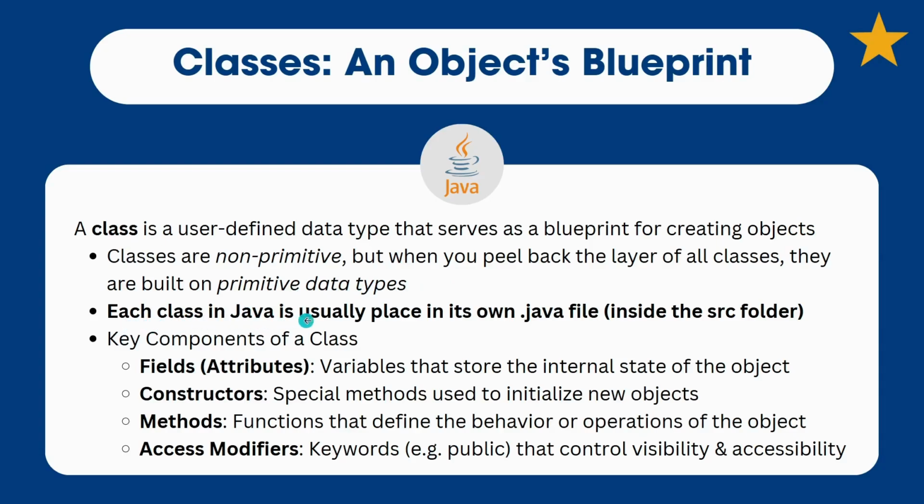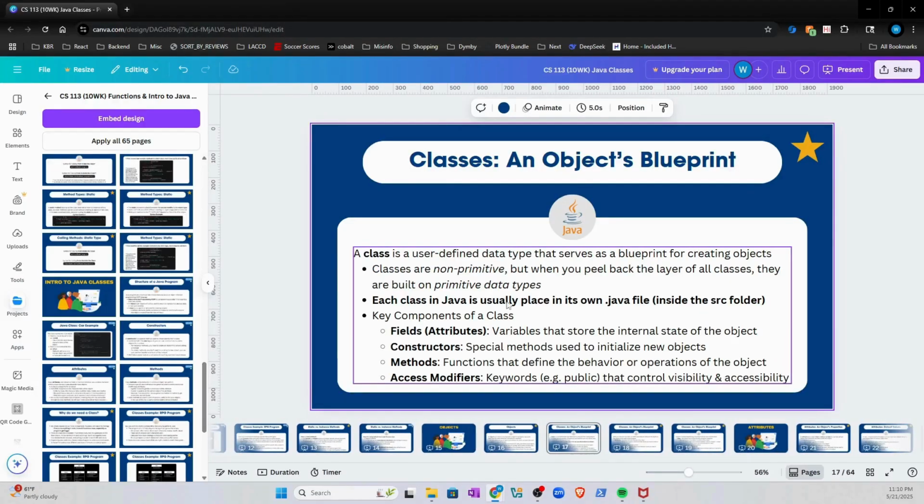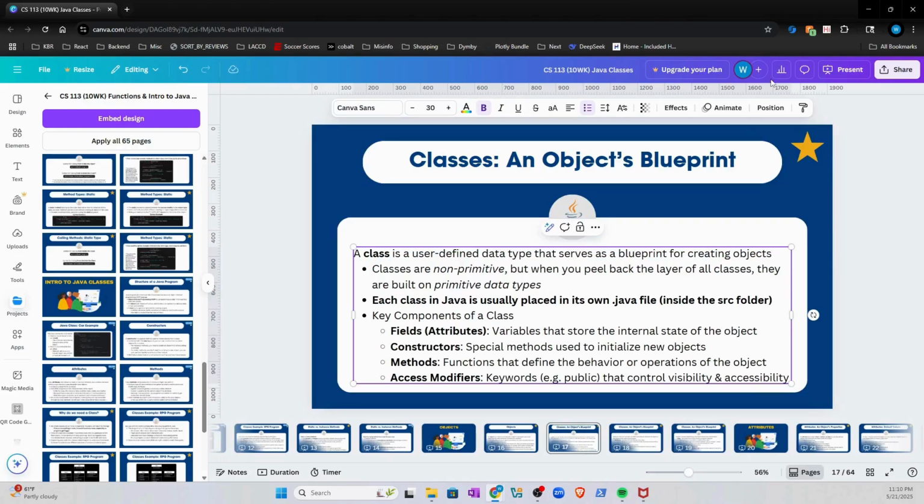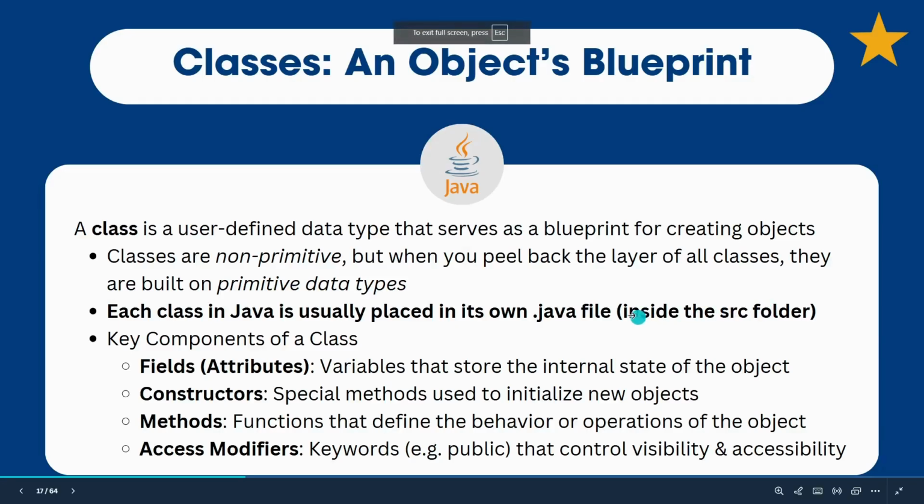So each class in Java is usually placed in its own .java file. So those files usually go inside the source folder. If you wanted to organize things into packages, you can have additional folders, right?